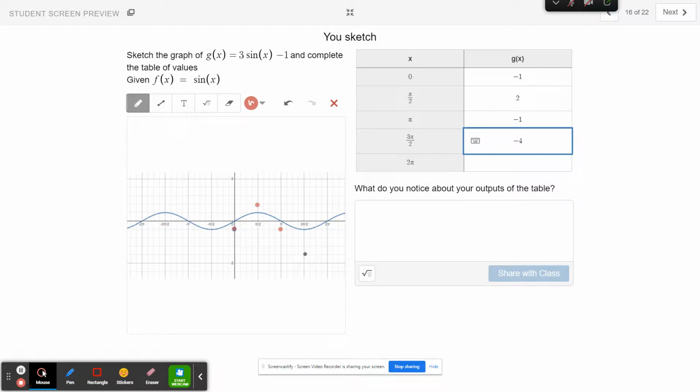Can I count? Okay. So does that point make sense? So here's the midline. To get to the max, it's 1, 2, 3 above it. And now to get to the min, it's 1, 2, 3 below it. So that should make sense. Okay. And then it's gonna follow that pattern. All the way.